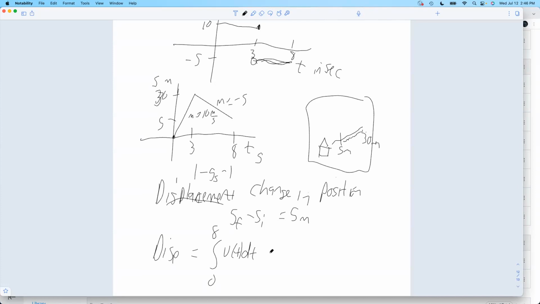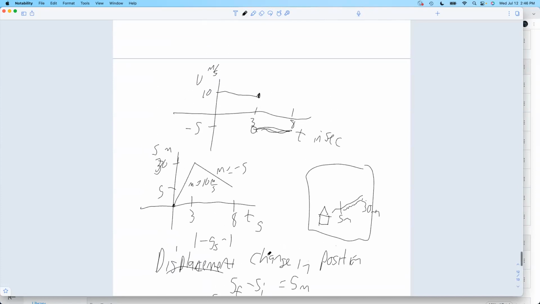And we could figure that out using areas. This area right here, that positive area, is 30. 3 times 10. This negative area here, because we're below the axis, that's a length of 5 times 5, that's -25.